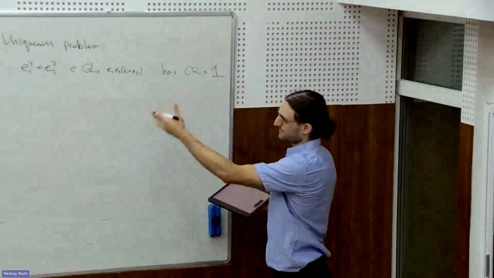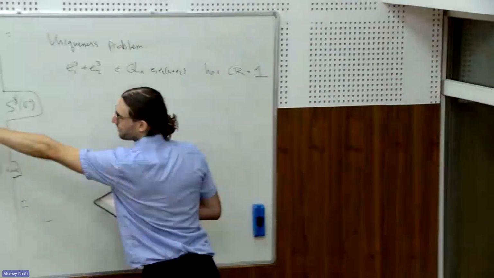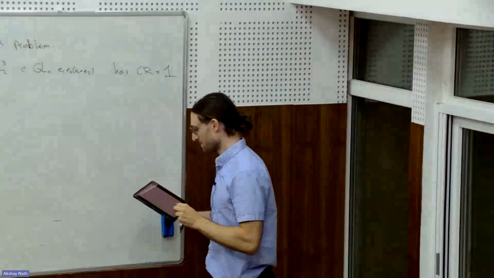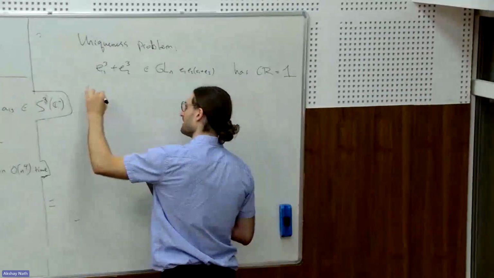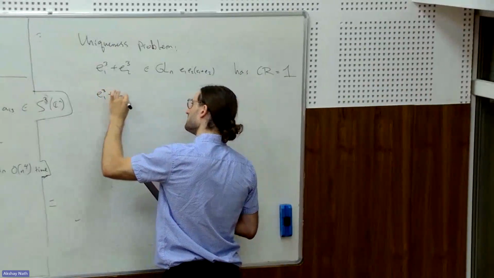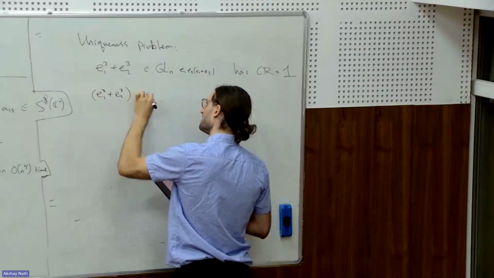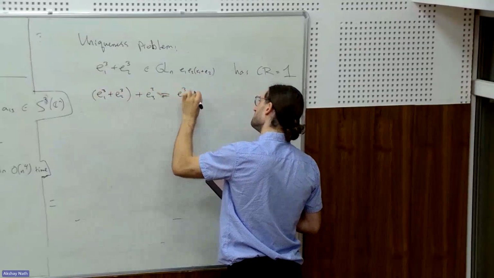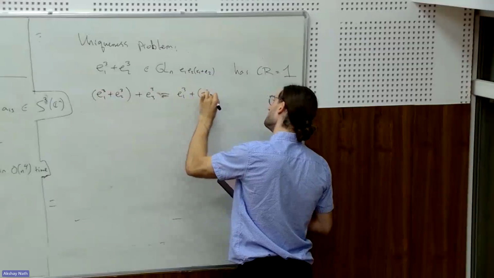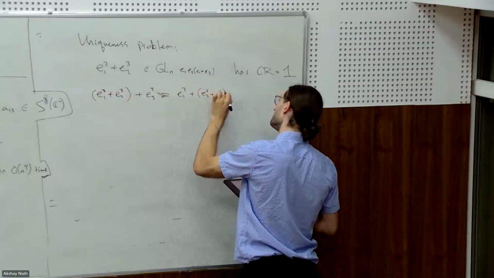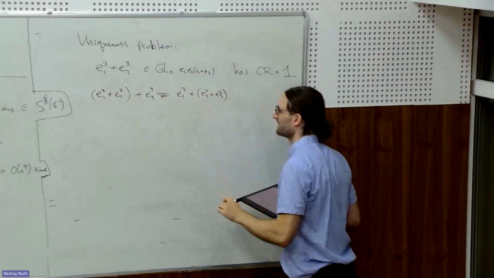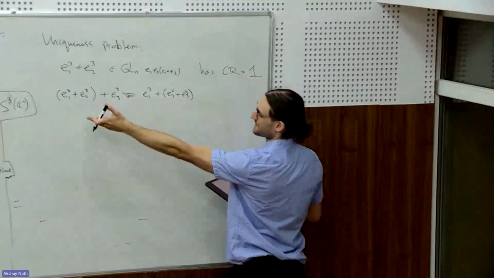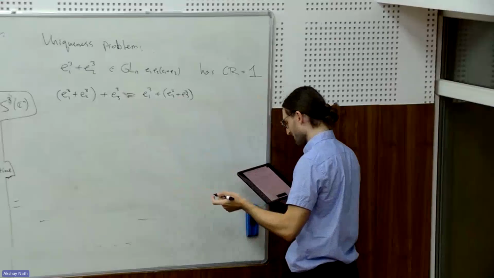So this messes up our condition that the rank is R, and it also messes up uniqueness, because you can do silly things like writing E1 cubed plus E2 cubed plus E3 cubed in two different ways as a sum of 2 Chow rank 1 terms.